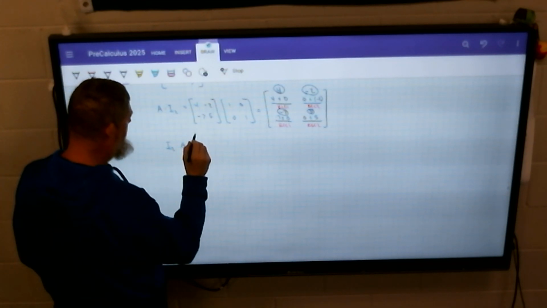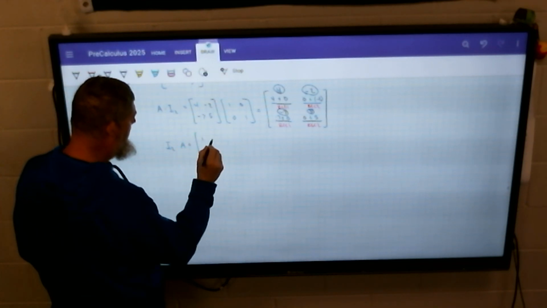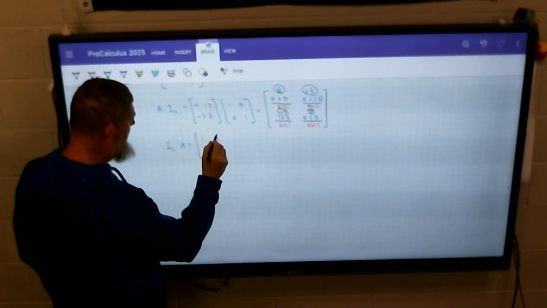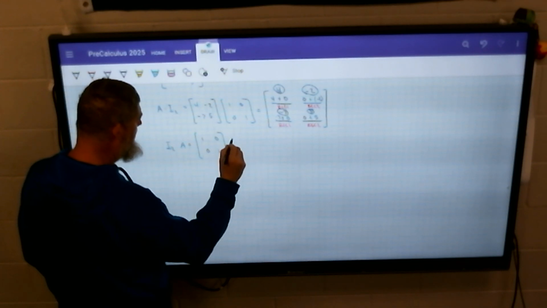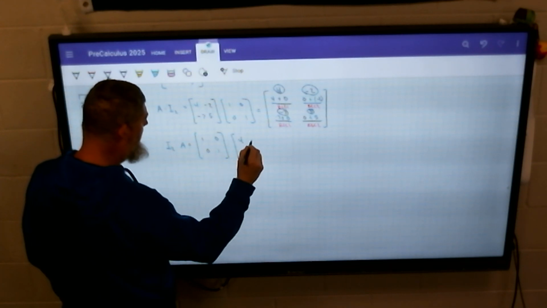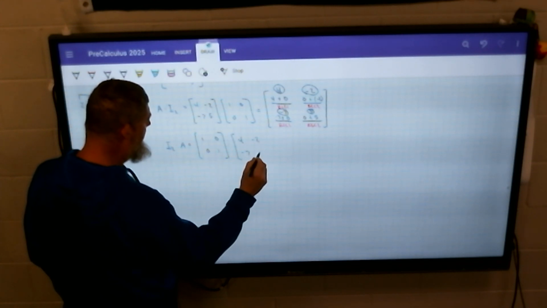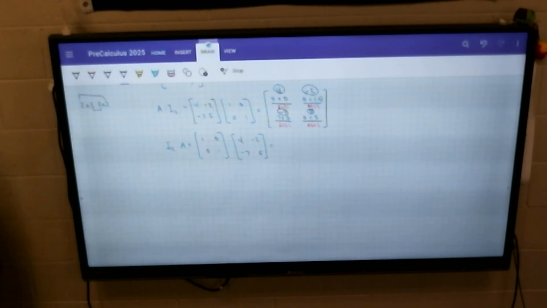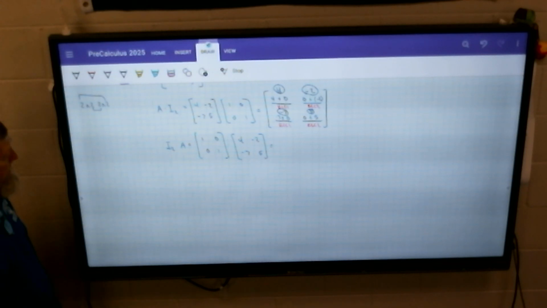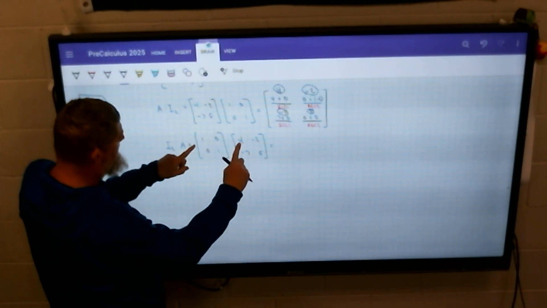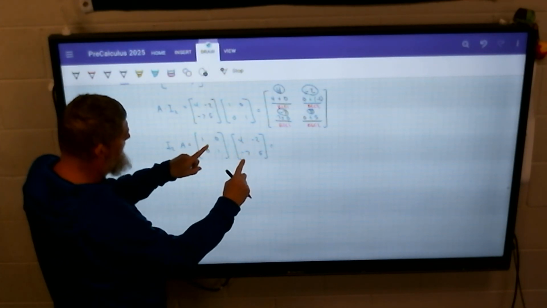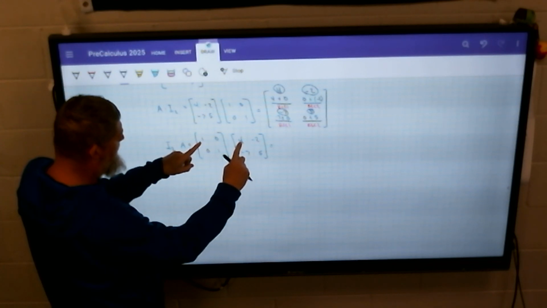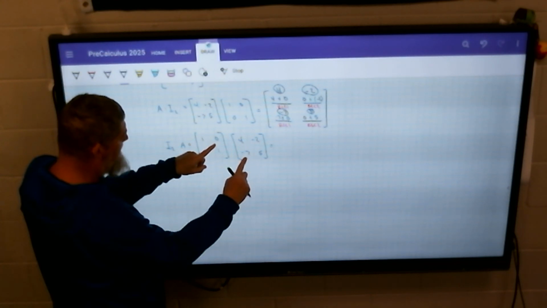Well, let's try it. 1, 0, 0, 1 times 4, -2, -7, 5. Is it commutative with the identity? Well, the first one's going to be 1 times 4 is 4, plus 0.